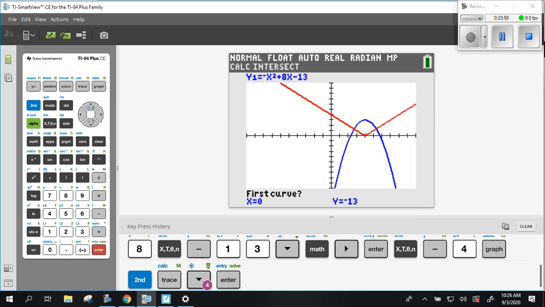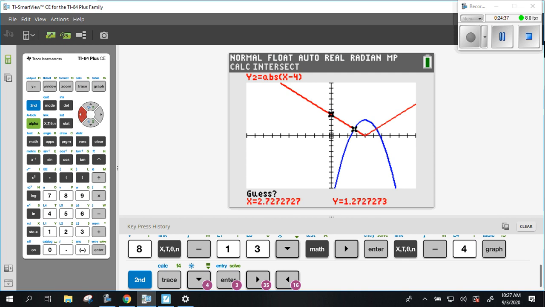So the first curve was the parabola, and the second curve, we're just going to verify that it's the absolute value. And now it wants to know, where are you looking? If I point it over here, it's going to find this intersection. If I point it over here, it's going to find this other intersection. Let's go ahead and go with the one with the lower x value.